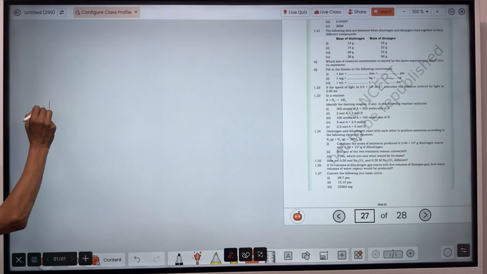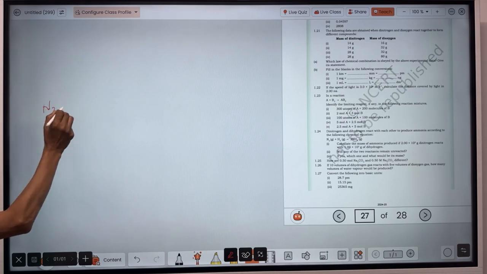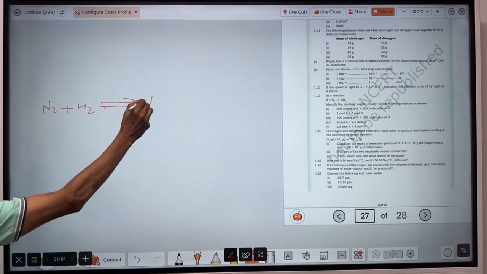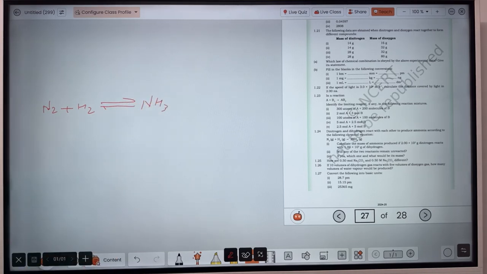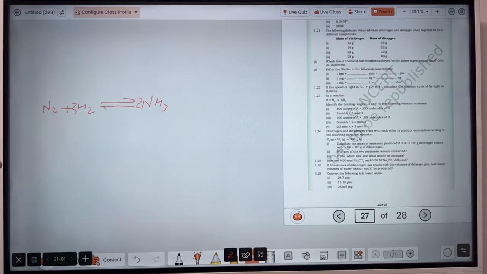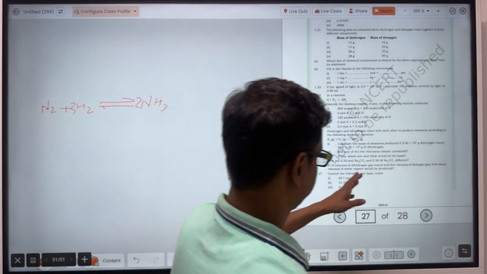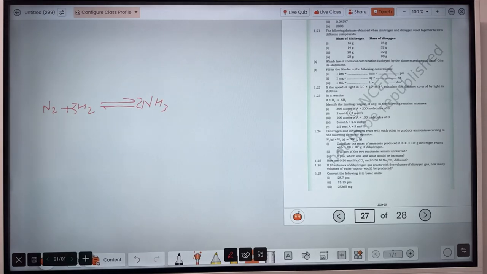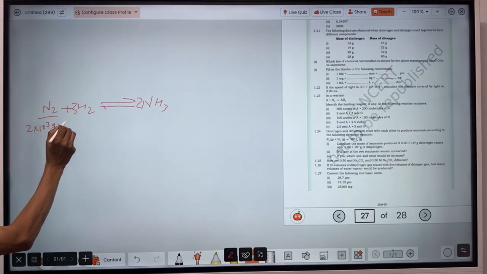The reaction is nitrogen reacts with hydrogen, gives ammonia. Balance the equation. Here the mass of nitrogen is given as how much? 2 kg, 2 into 10 power 3 gram.